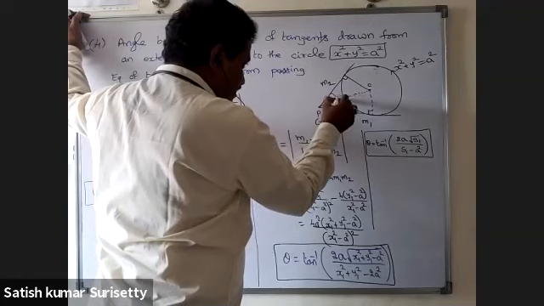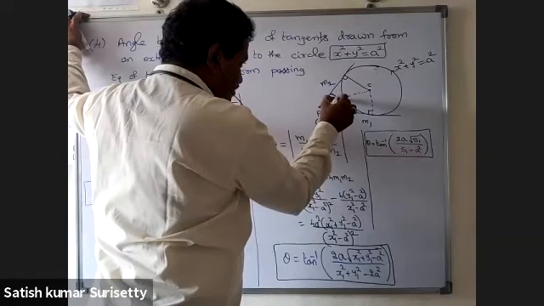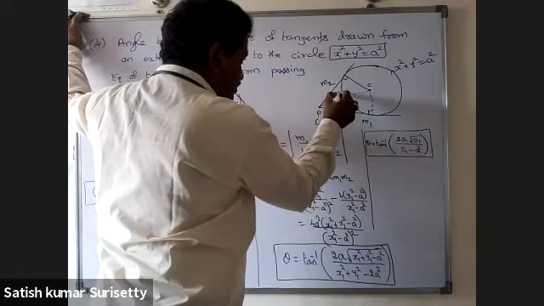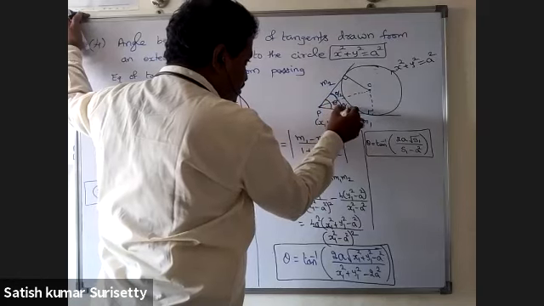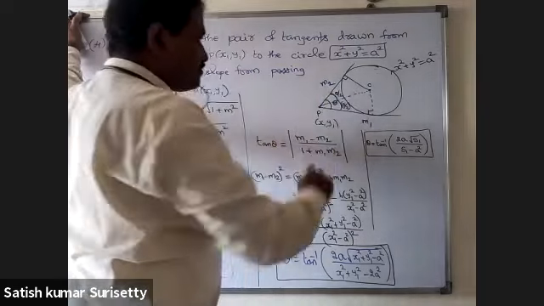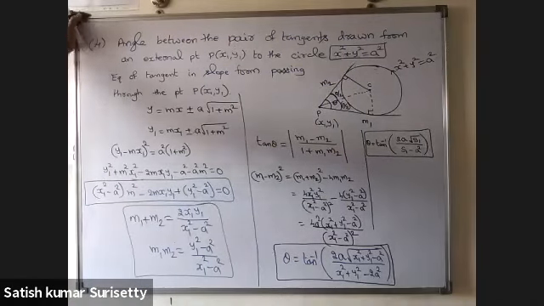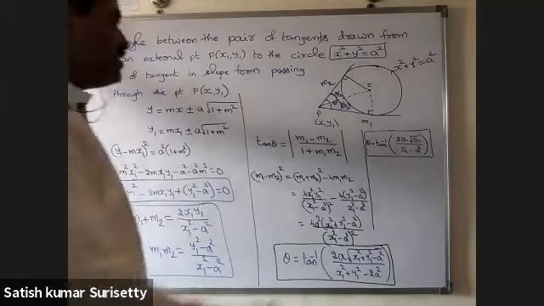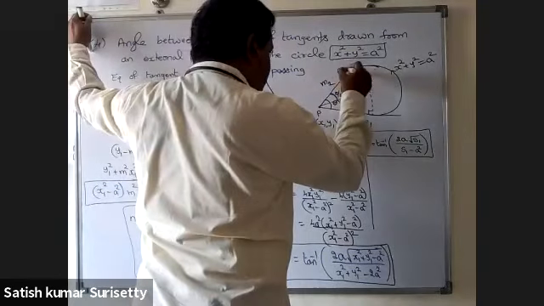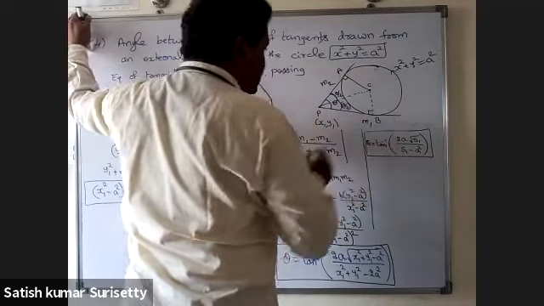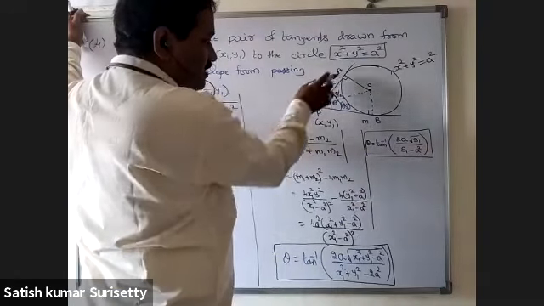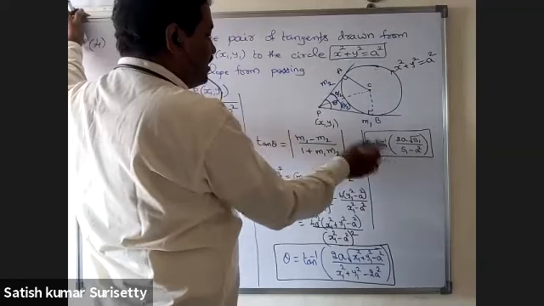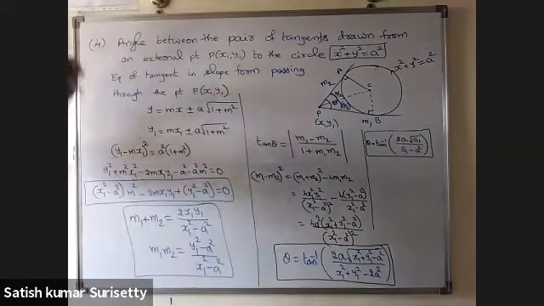So this angle will be theta by 2, and this angle is also theta by 2. Let us consider these points are A and B. So we should calculate the length of the tangent. After calculating the length of the tangent, you can have another formula also.